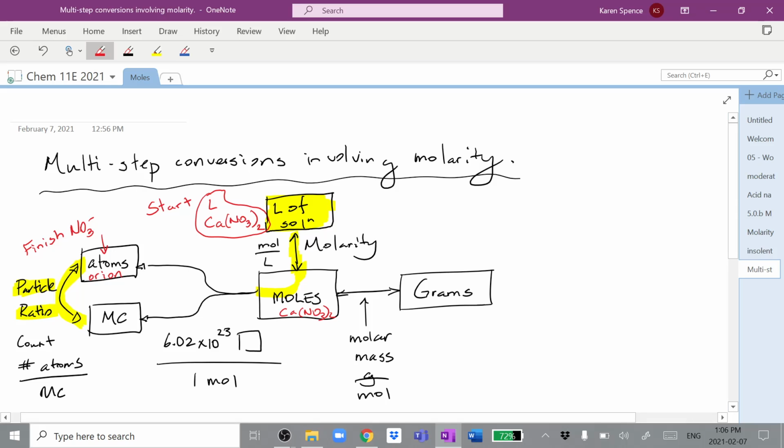So I must be going over here to molecules of calcium nitrate. And at this point, I can finally take that particle ratio and go all the way up to nitrate ions. So how many steps will I have? There's one step here, a second step here, and a third step here. So I'm going to have three conversions. The first one uses molarity, the second one uses Avogadro's number, and the third one uses the particle ratio.